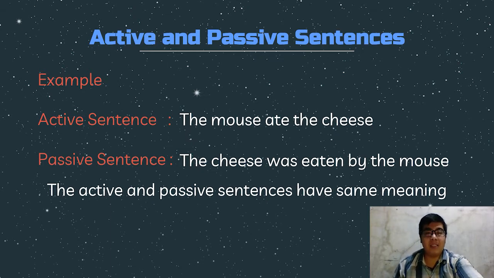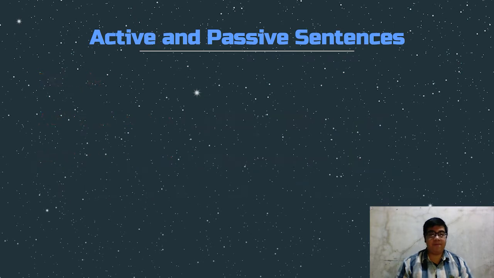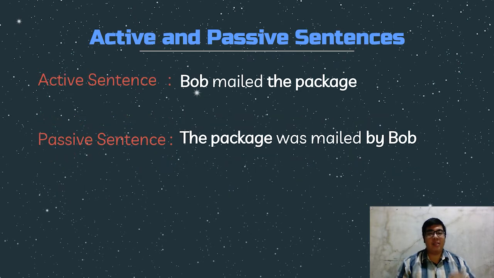The active and the passive sentence have the same meaning. That means if we change active to passive, or passive to active, the meaning has not changed. Next, active sentence: Bob mailed the package, and the passive is: the package was mailed by Bob.